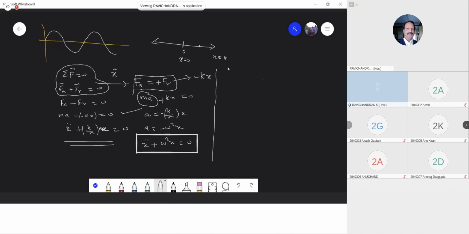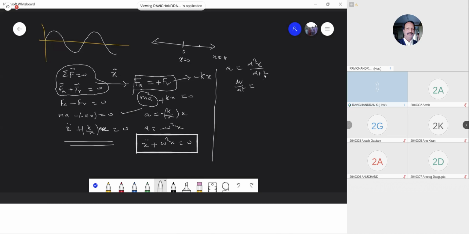We have taken the acceleration as d square x by dt square. And this is d by dt of dv by dt. A is this, dv by dt. Correct? And here I have written this value, dv by dx.